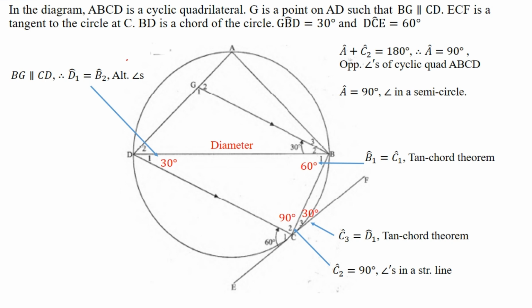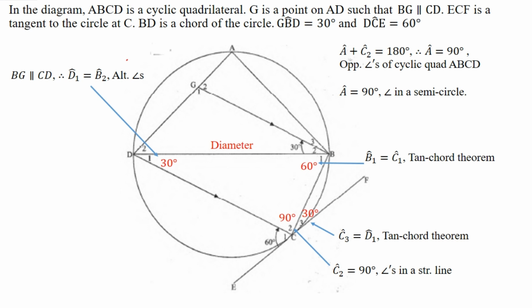So in this case now, you can also look at angle A and angle C2. Because you can see ABCD is a cyclic quadrilateral, the magnitude of angle A is equal to 90 degrees because angle A and angle C2 are the opposite angles of a cyclic quadrilateral.